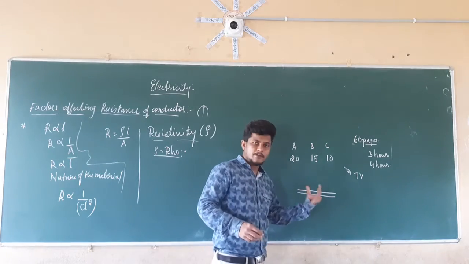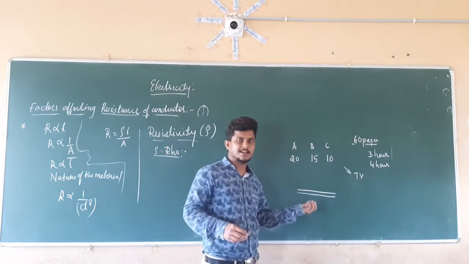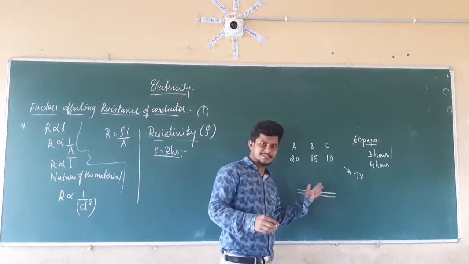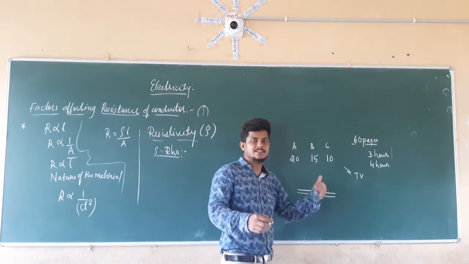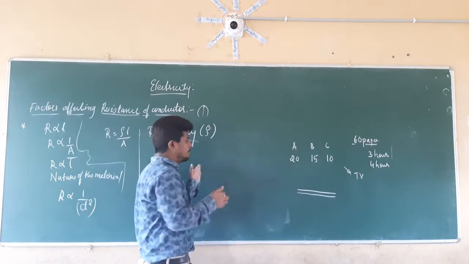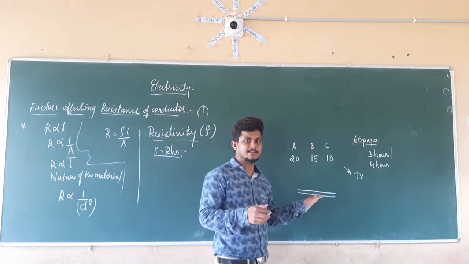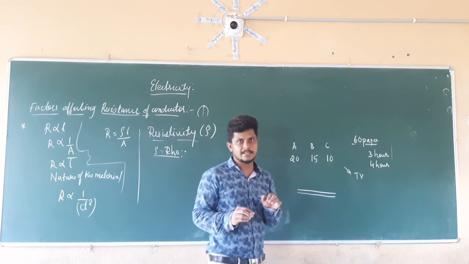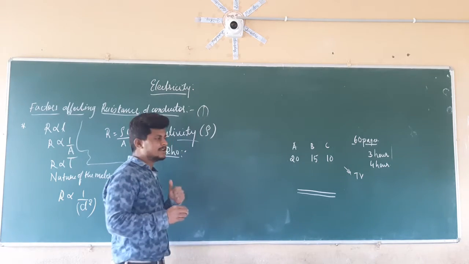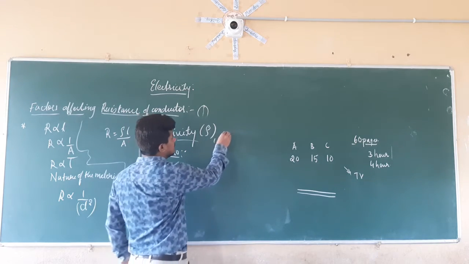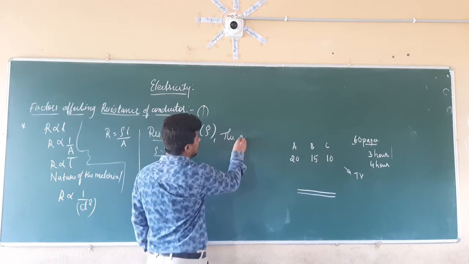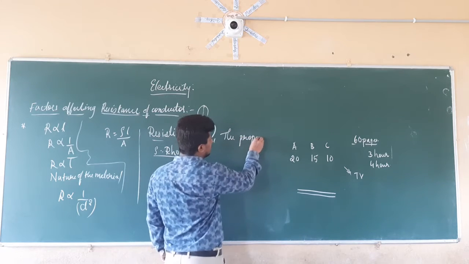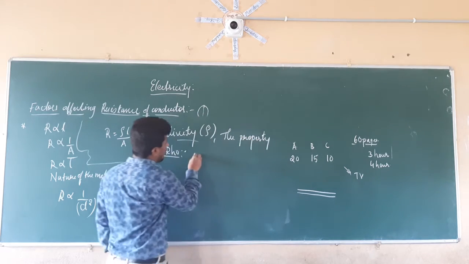So without applying any external resistance, there is already a resistance present in this conductor, which is opposing the flow of electric current through this conductor. That is nothing but the resistivity.